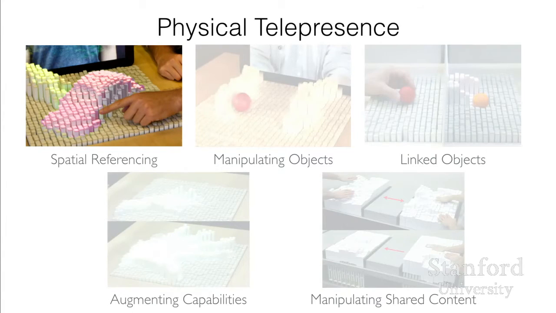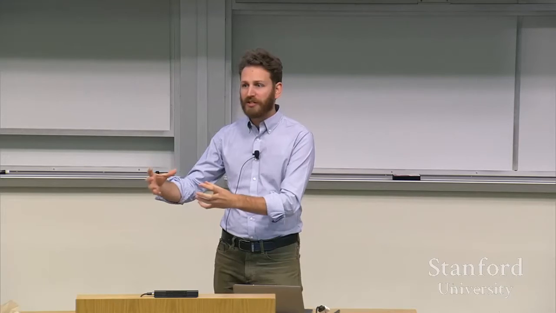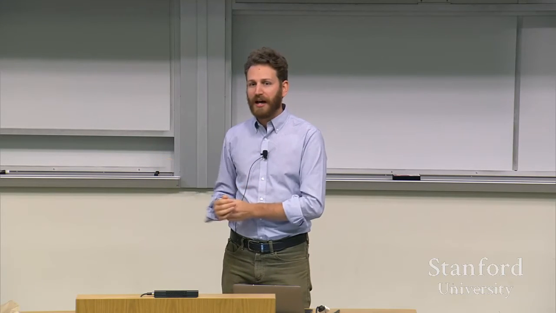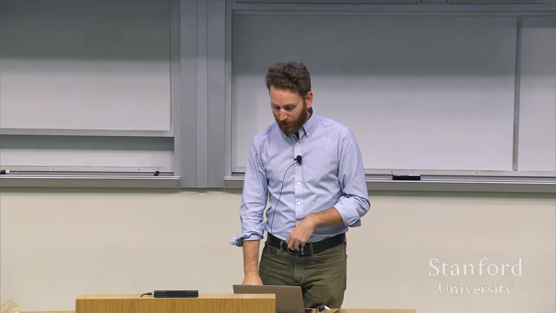So first I'll talk about this spatial referencing and annotation. And the idea is really to have this common ground that people can together reference and understand and think through problems by having this physical representation and being able to manipulate that, as well as being able to see spatially where you're interacting.